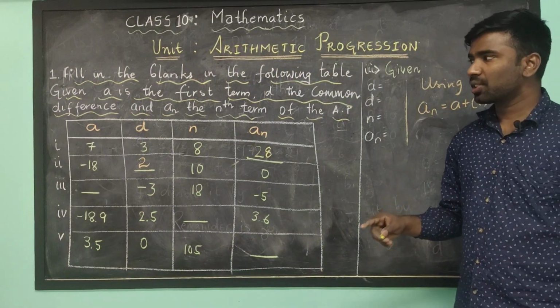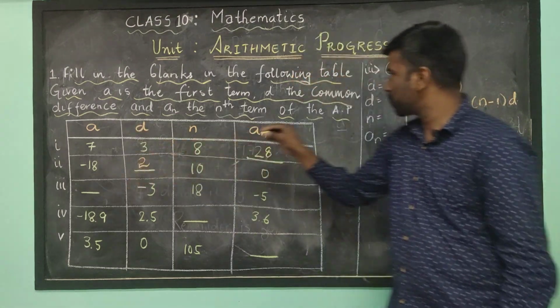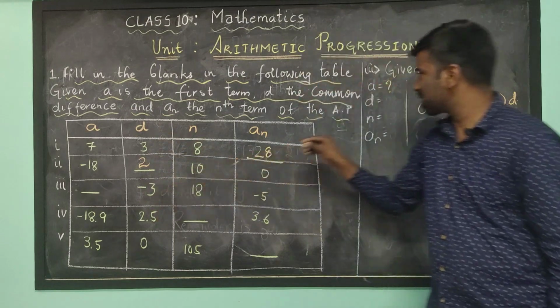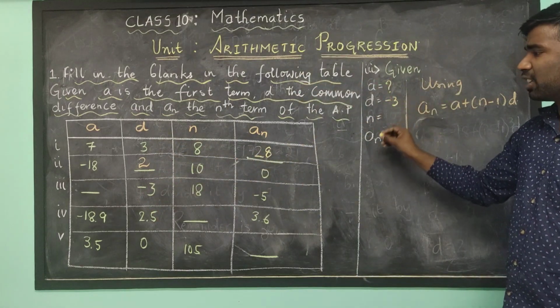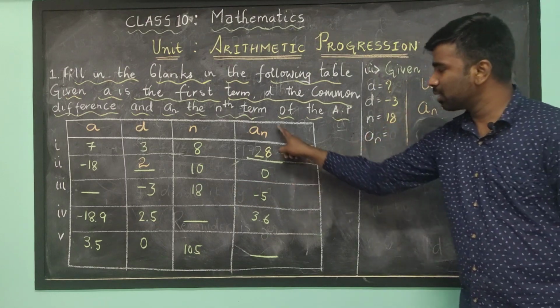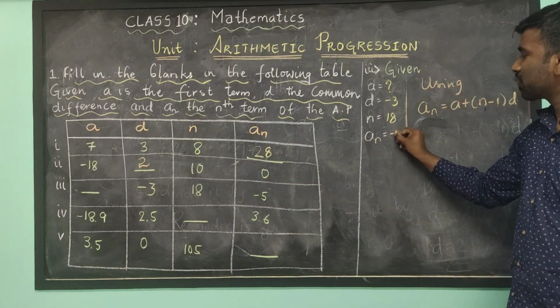Students, moving to the third question, the a value we should find out. a is question mark, d is minus 3, n is 18, and the nth term an is minus 5.